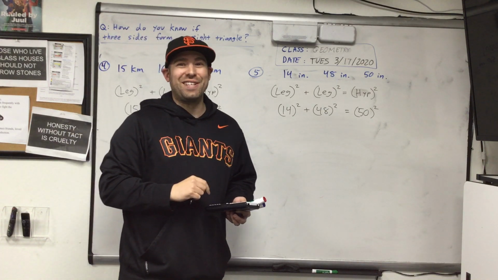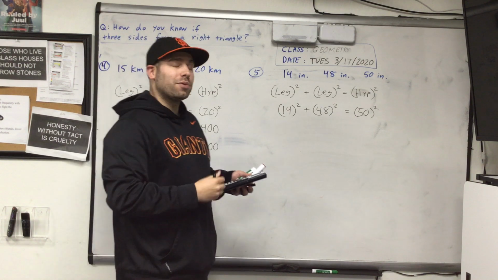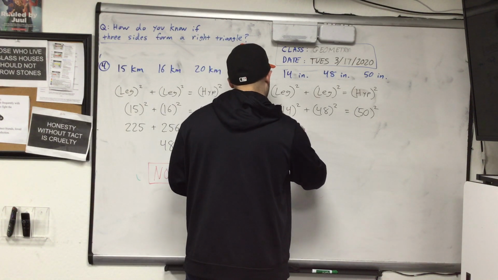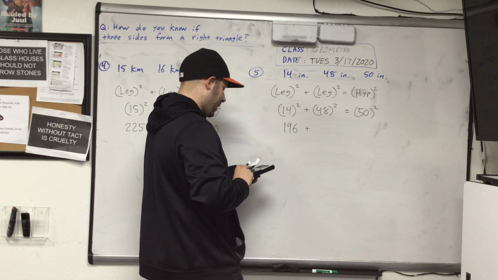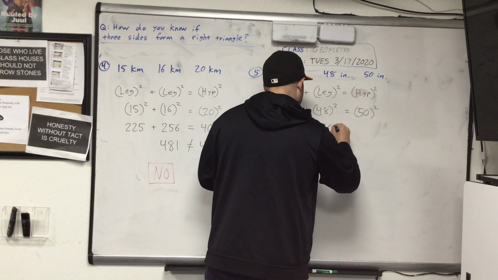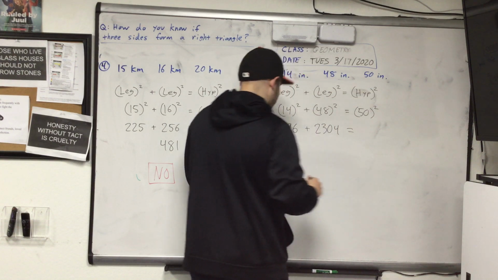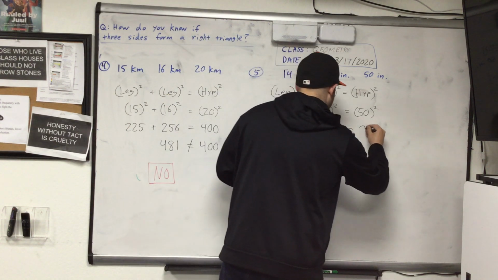I don't know my 14 times tables, so let's go to 14 squared. 14 times 14 is 196. 48 squared is 2,304. And 50 squared is 2,500.